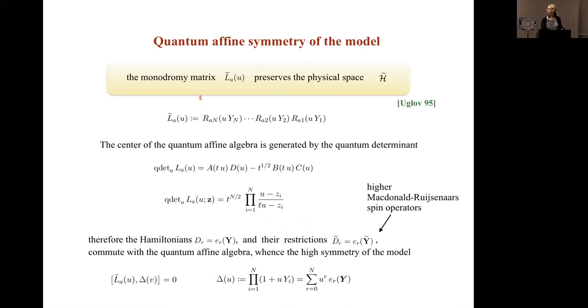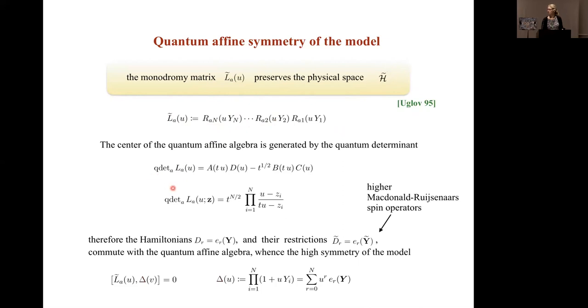Okay, so the nice thing is that the monodromy matrix, as defined, preserves this space of symmetric wave functions. That was shown by Uglov in 95. So the restriction of this, the fact that this commutes, ensures that we get a normal R matrix, normal L matrix, monodromy matrix for our long-range model.